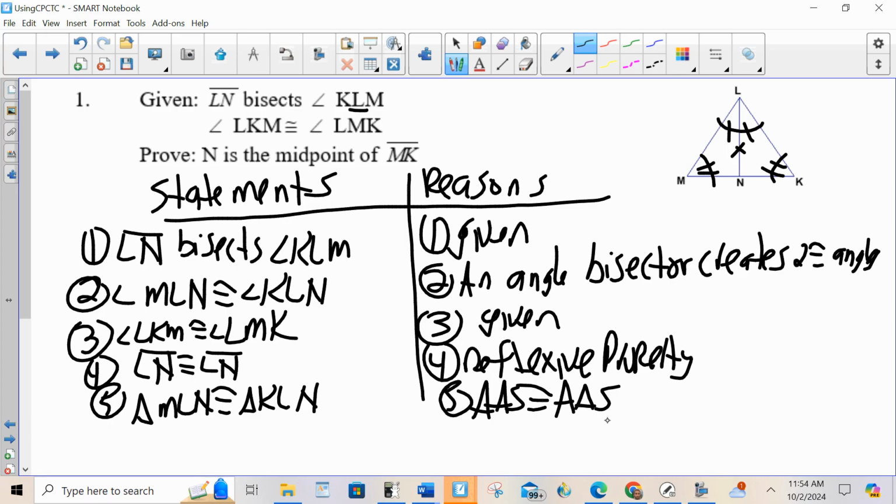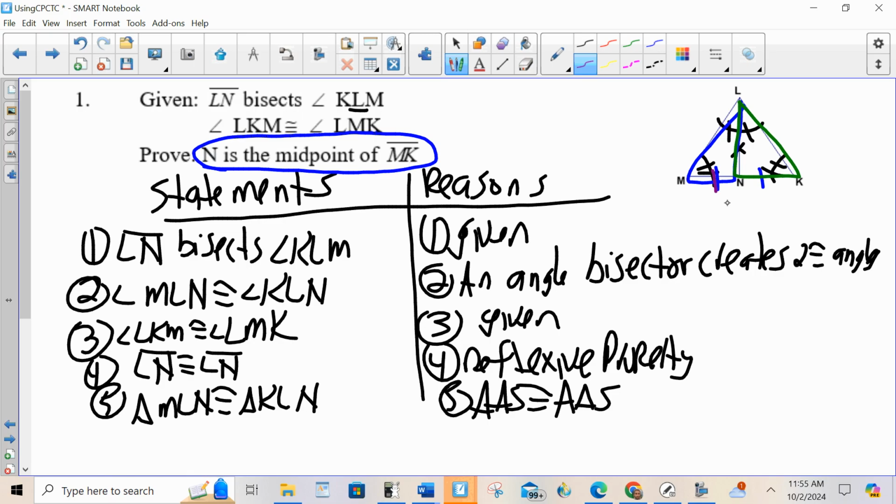Now, ultimately, I want to prove that N is the midpoint of MK. So I need to kind of think backwards here. If N is going to be the midpoint of MK, then I need MN to be congruent to NK. Now that these triangles are congruent, now the blue triangle is congruent to the green triangle, do I know that MN is congruent to NK? Yes.